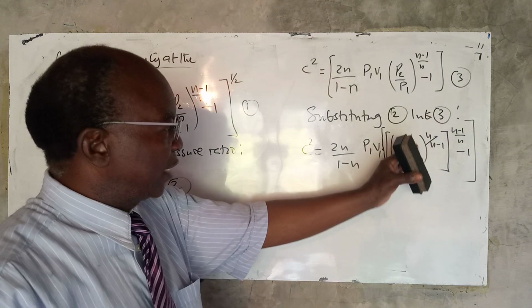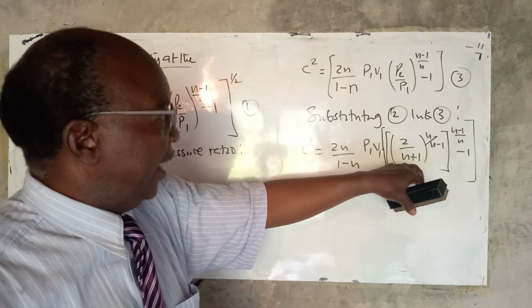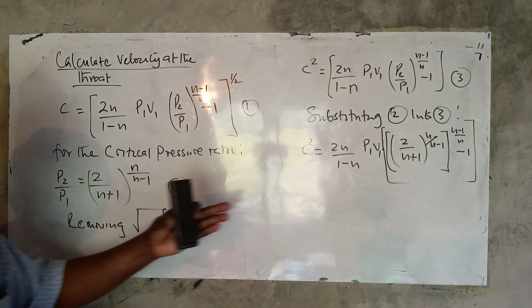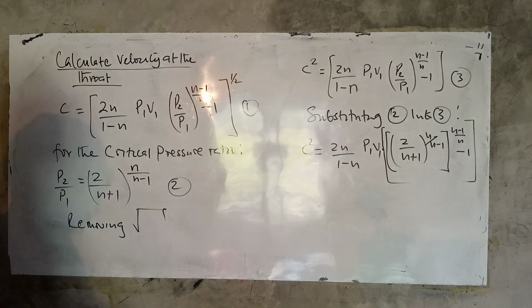So we have just put the expression for the critical pressure ratio there, and it is still raised to (n minus 1) over n.